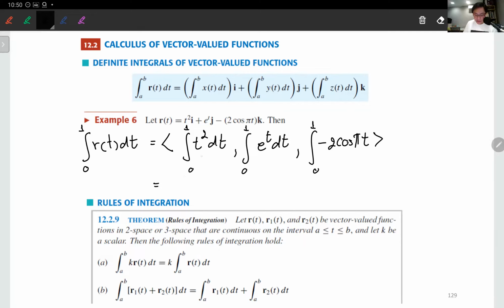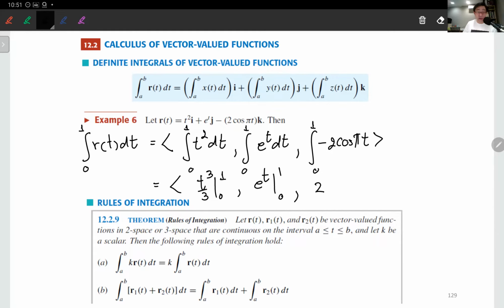But for this, it's quite all right. So you just say it's going to be t cubed over 3, taking the limit from 0 to 1. And then the second one is exponential. The integral of exponential, you get exponential. And the last one, you have the 2 right there. But the integral of the cosine is just sine.